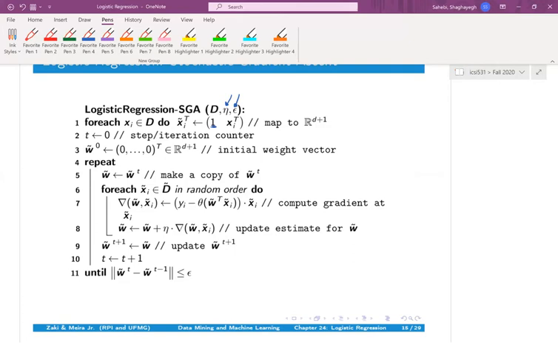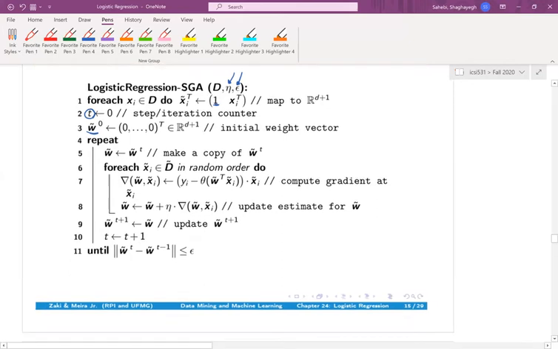We set the iteration to be 0. We initialize our W or weight vector. It can be initialized as 0, it can be initialized at random, or if you roughly know where W is going to fall, you can initialize with that. And then we are going to repeat.